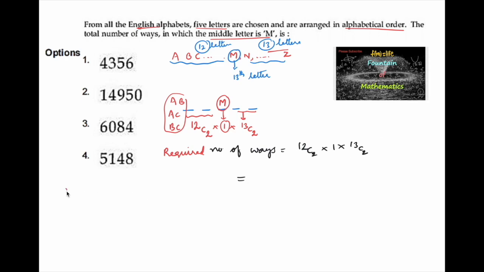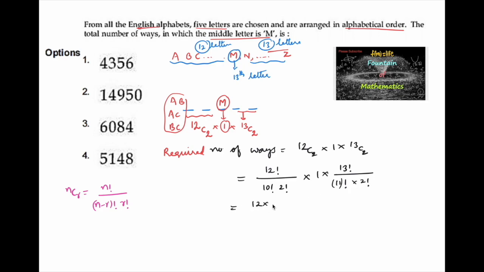The nCr formula is n factorial divided by (n minus r) factorial into r factorial. So here 12C2 we can write as 12 factorial divided by (12 minus 2), that is 10 factorial, into 2 factorial, into 13C2 we can write 13 factorial divided by (13 minus 2), that is 11 factorial, into 2 factorial.